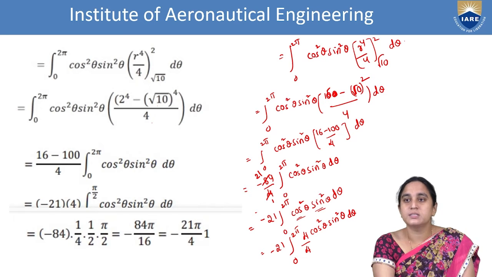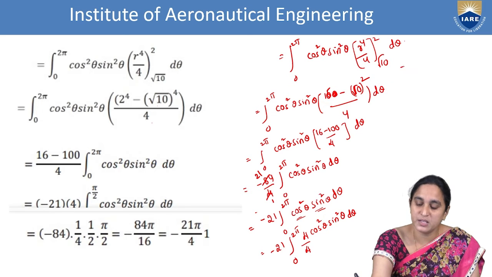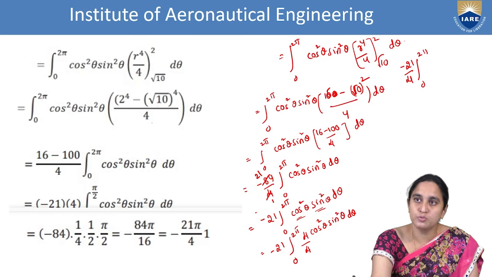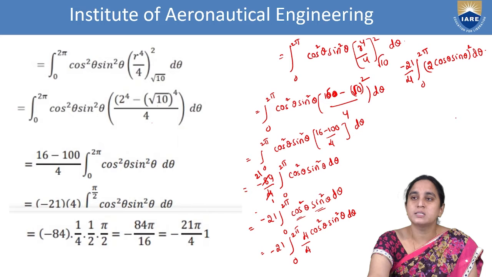I'll take the 4 outside and the remaining is the integral 0 to 2 pi of 2 into cos theta sin theta, whole square, into d theta.